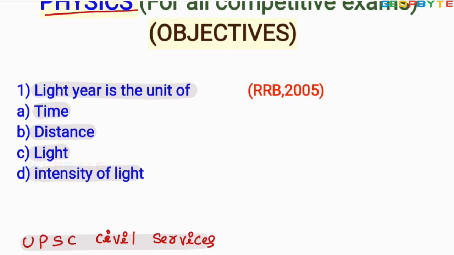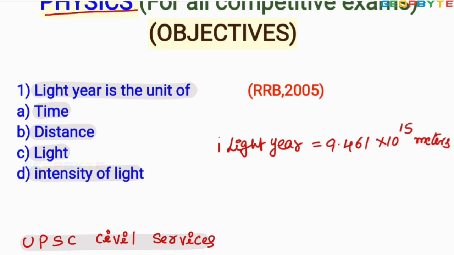Do you know, my dear friends, 1 light year is equal to 9.461 into 10 raised 15 meters.